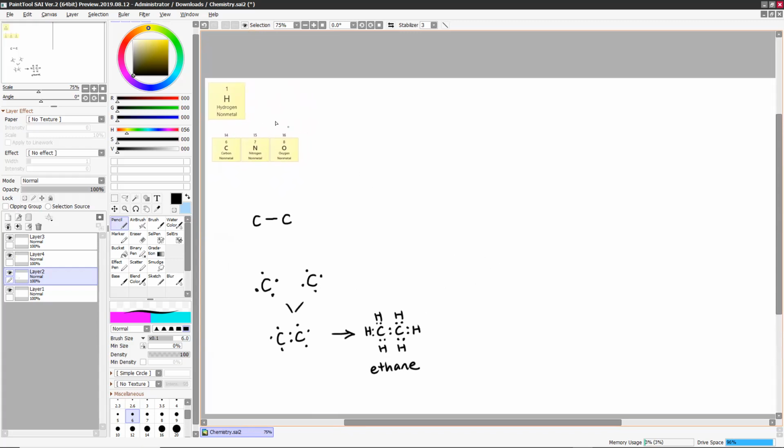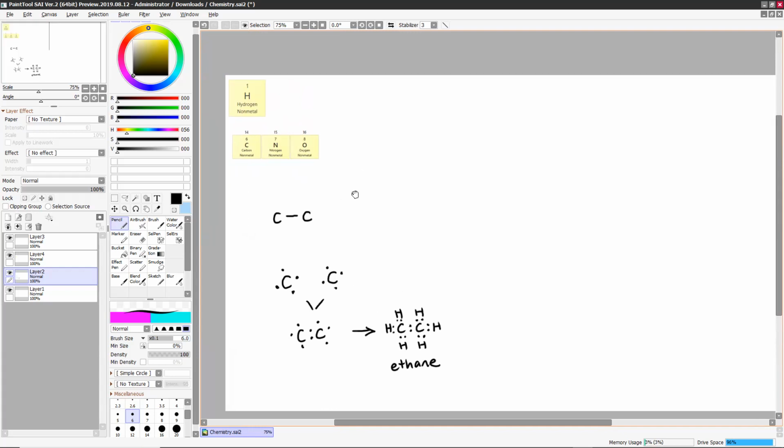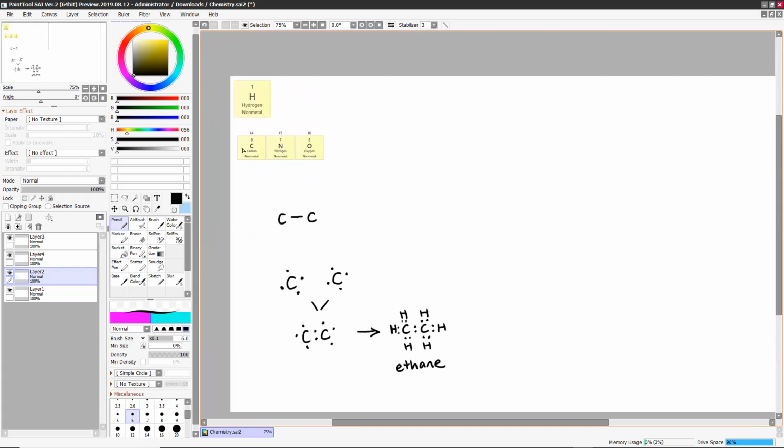Different elements, as you saw with hydrogen, have different amounts of electrons. So nitrogen has 1 more electron than carbon, so it'll have 5. It means it'll only have 3 unpaired electrons.